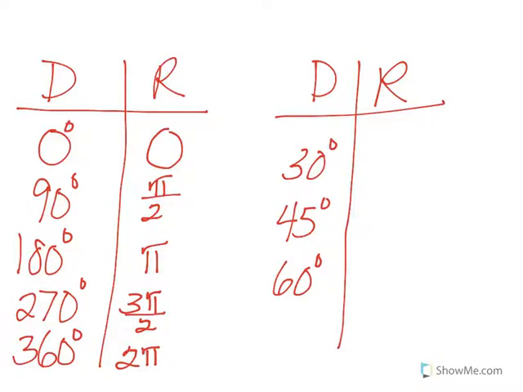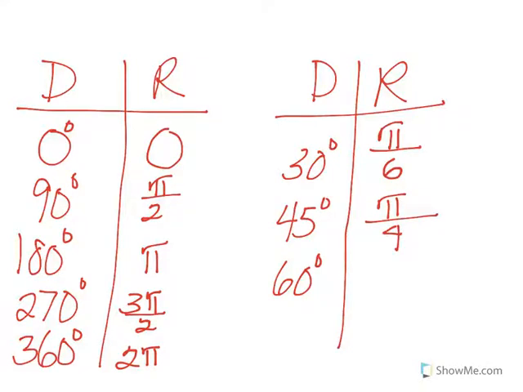So 30 degrees, think about it this way. 30 degrees is 180 degrees divided by 6, right? So if we know that 180 degrees is pi radians, we can just say that 30 degrees would be pi radians over 6. 45 degrees would be pi radians, remember, divided by 4, since 180 divided by 4 gets you 45 degrees.